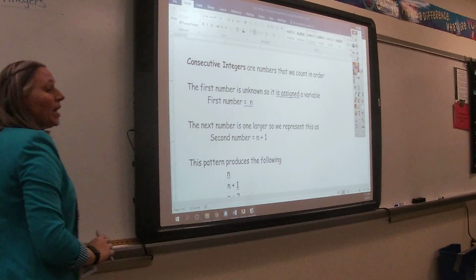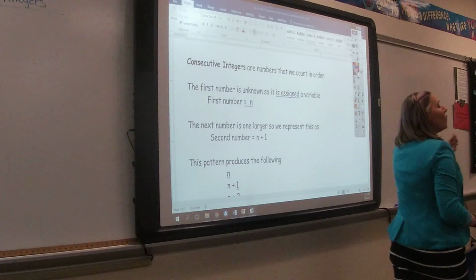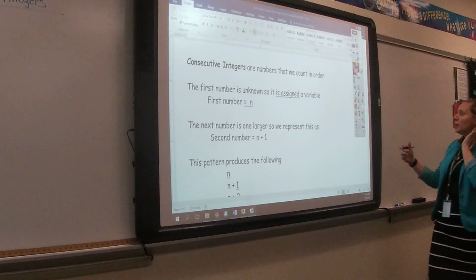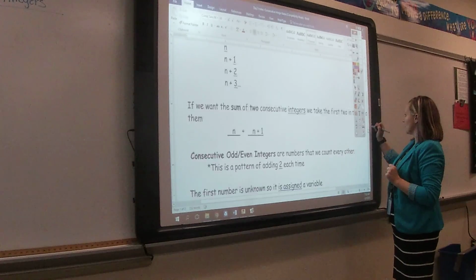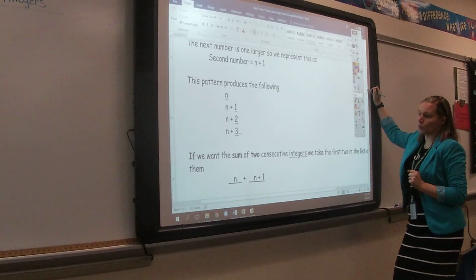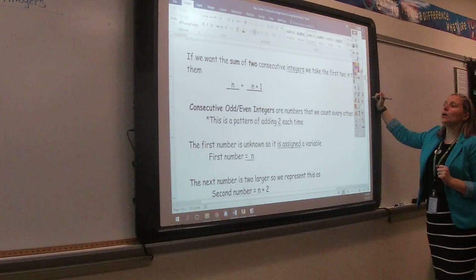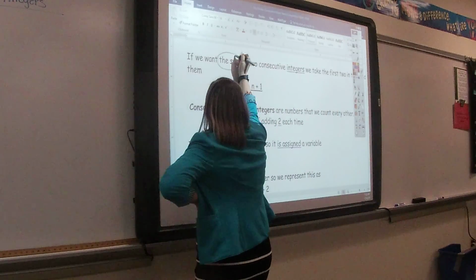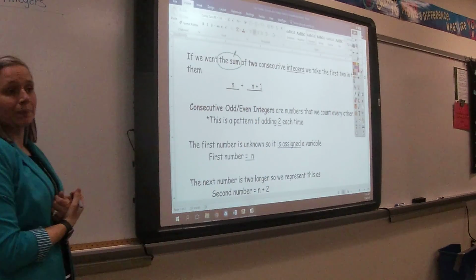Whenever we are doing things in a pattern, we want to find what that distance is between them each time. All right, and this time consecutive integers, they're 1 apart. Sorry, my pen is not working super well today. So if we want the sum, what does sum tell us to do?